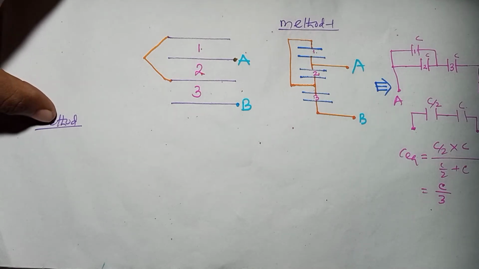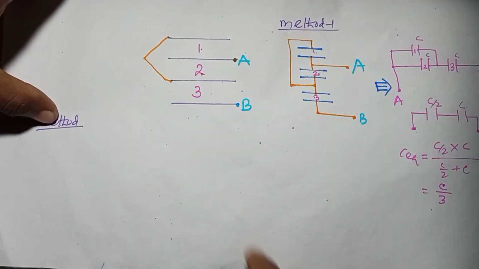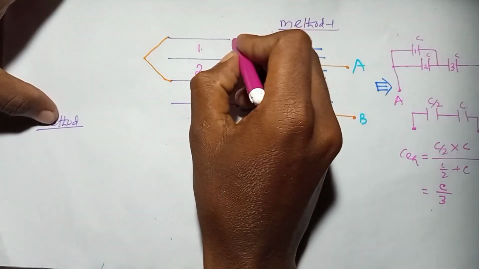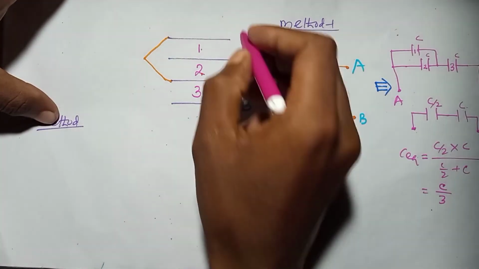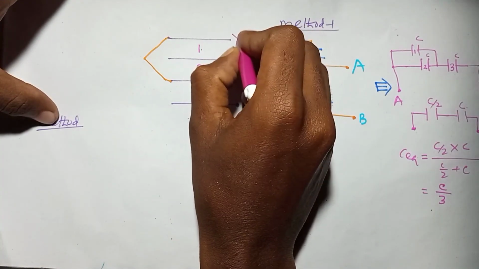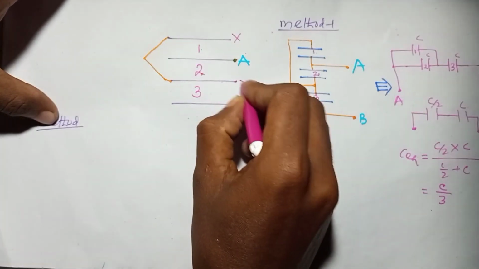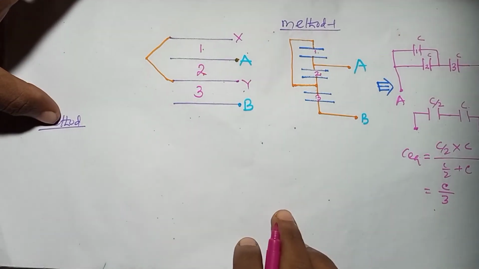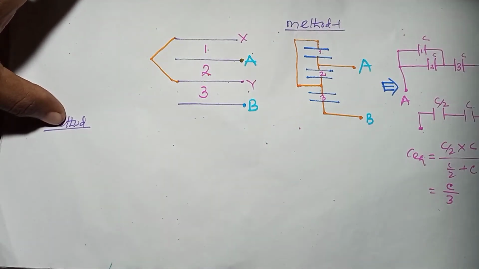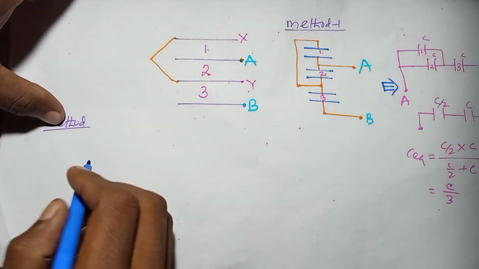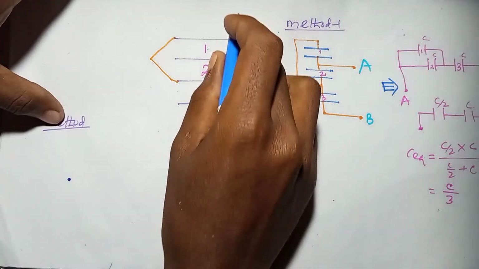In method number 2, first of all you have to identify the capacitors. These are the 3 capacitors, and similarly you have to give names to all the plates. Let's say this is the plate X and this is the plate Y. Now what you have to do is write down the potential of all these plates.